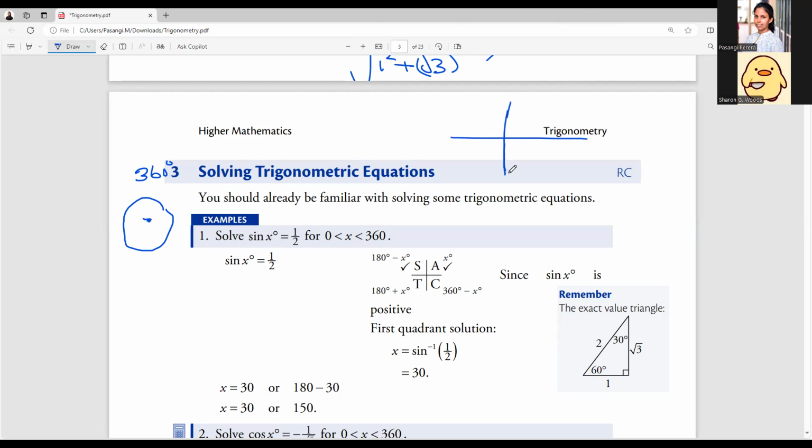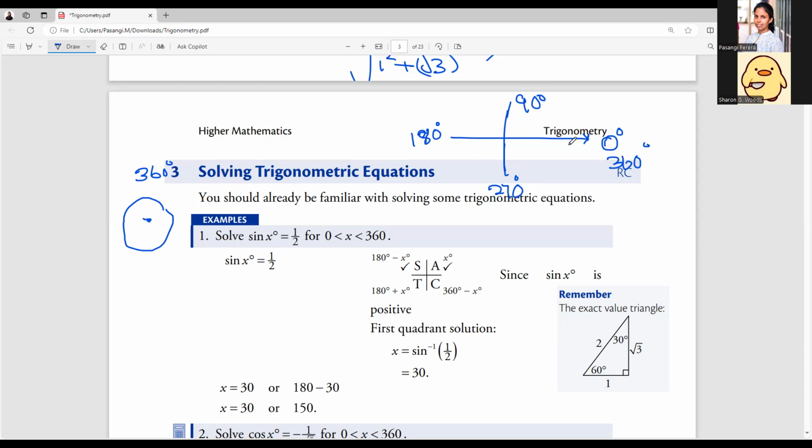When it comes to quadrants, how it measures: from here we have 0 degrees, from here to here 90 degrees, from here to here 180 degrees, from here to here 270 degrees. Again, up until here we have 360 degrees as well.